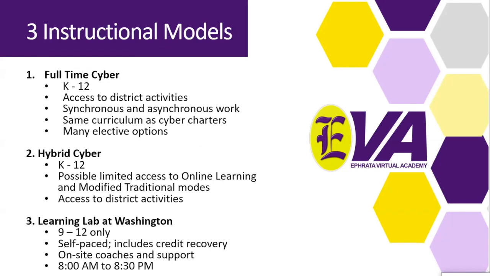Then there's the hybrid cyber option within the EVA option. That's for K through 12. In that option, and we're still working out some of the details right now, the possibility for limited access to online and modified traditional modes.